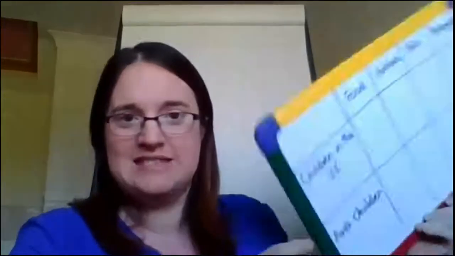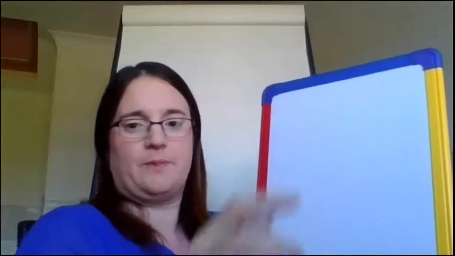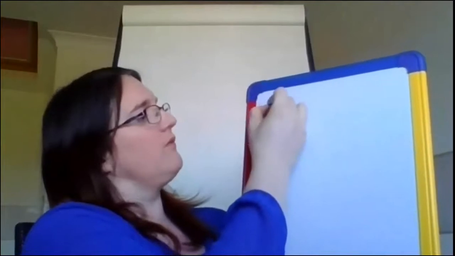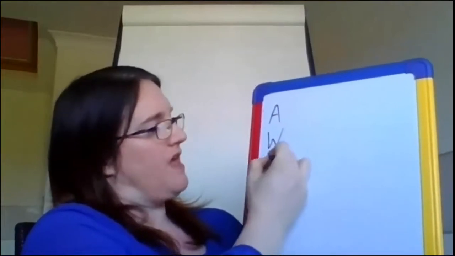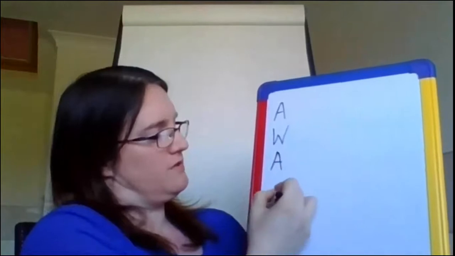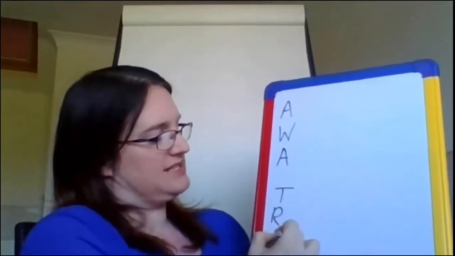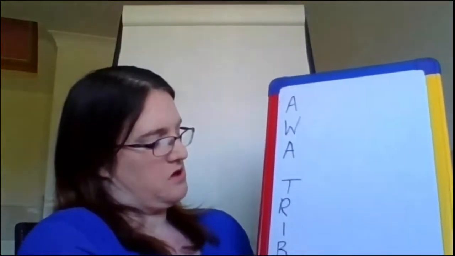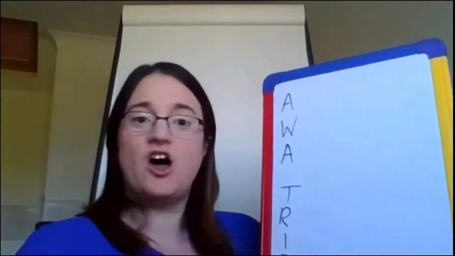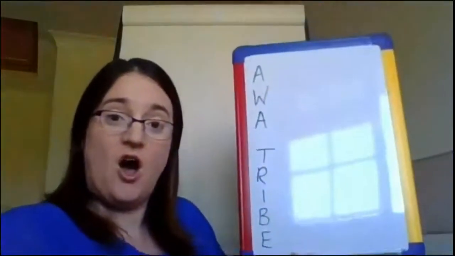Number 3 is having a go at writing an acrostic poem. So in an acrostic poem, we're going to use the words our tribe, and we're going to write it down the page. And we're going to use each letter to start a word in our poem.